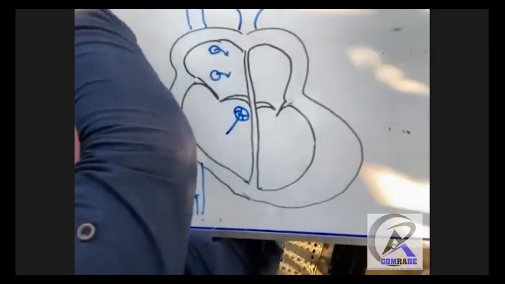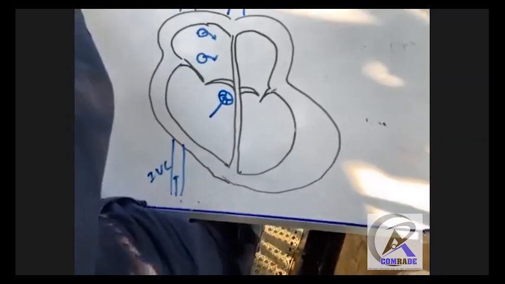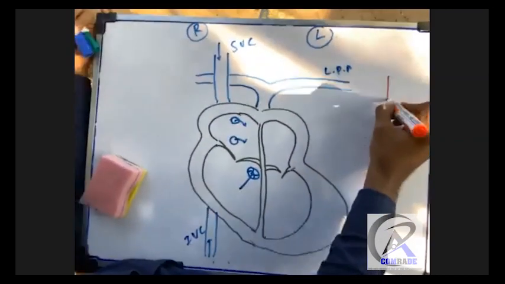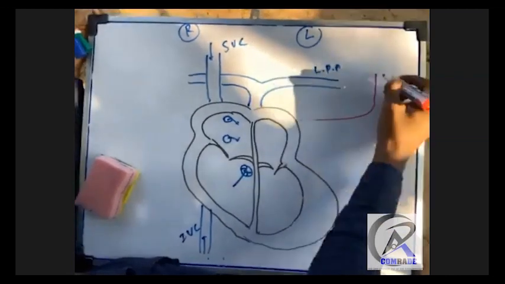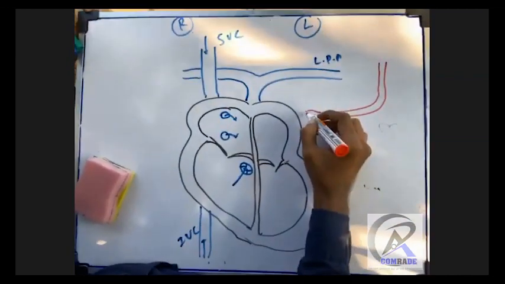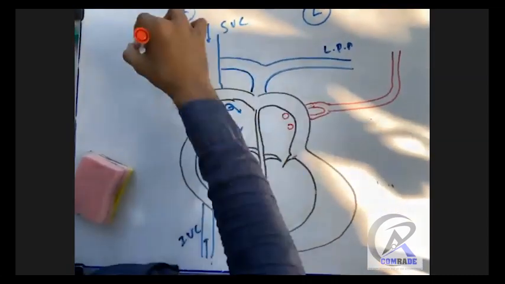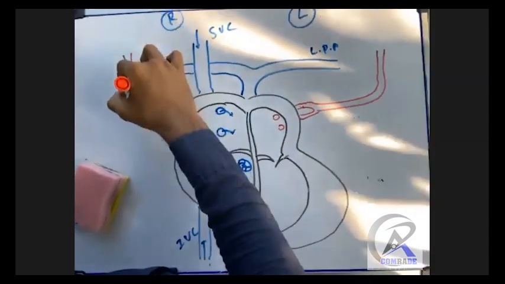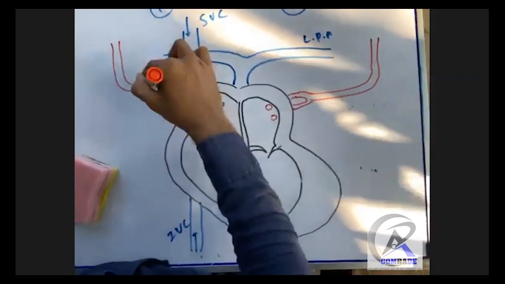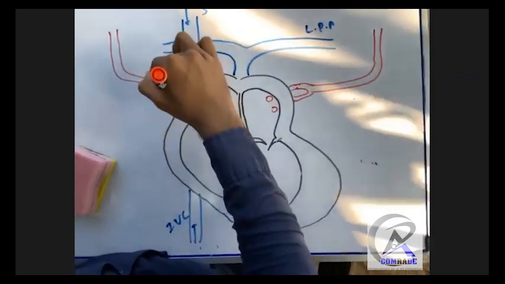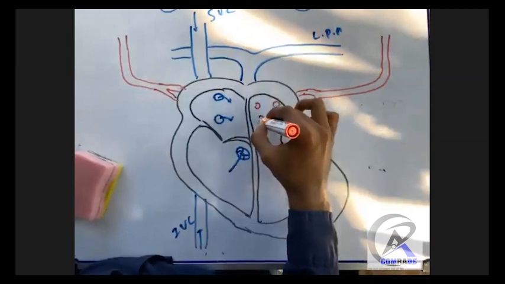Okay, and what's happening? They go to the lung side and come back, right? Like this, it divides into two parts and enters from here. This side comes like this and divides into two parts, right?